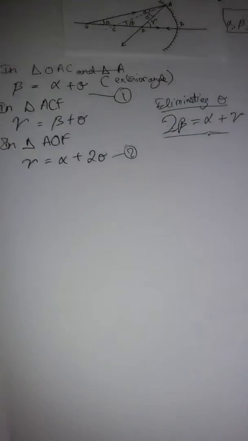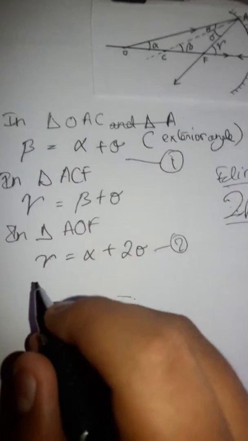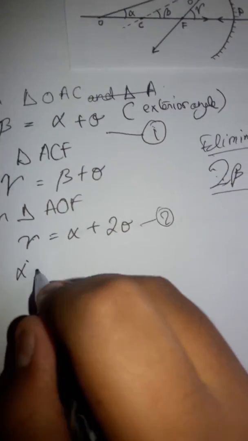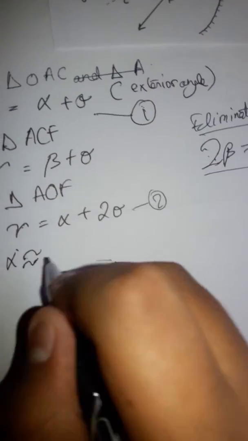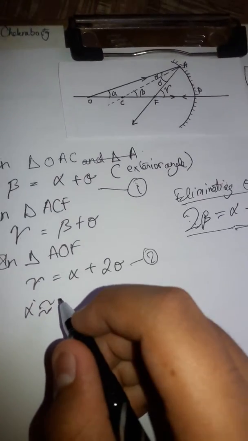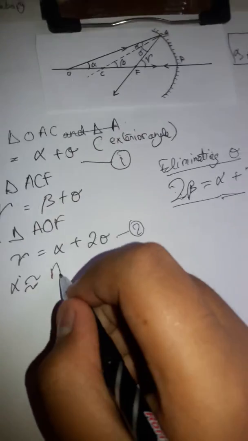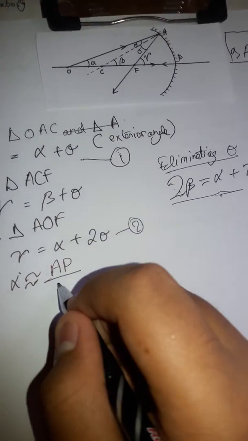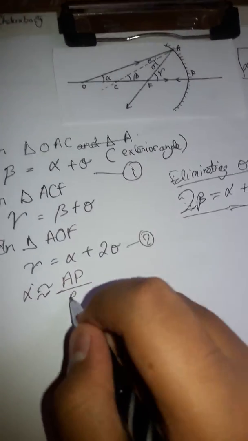So we can easily say that the sine of the angle alpha, we can estimate that it is equal to AP by PO.